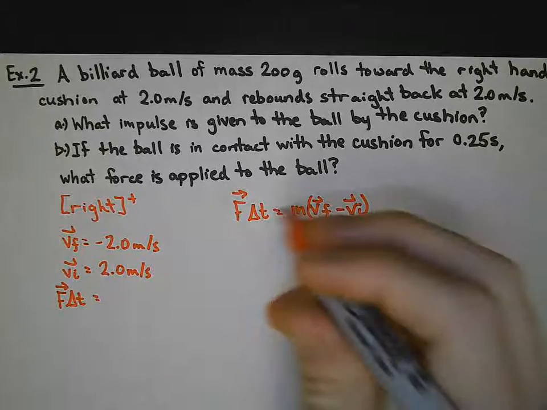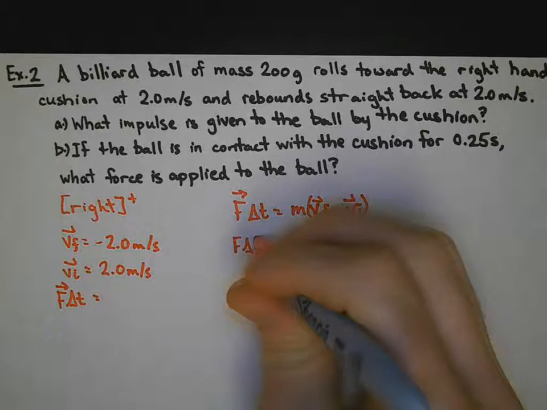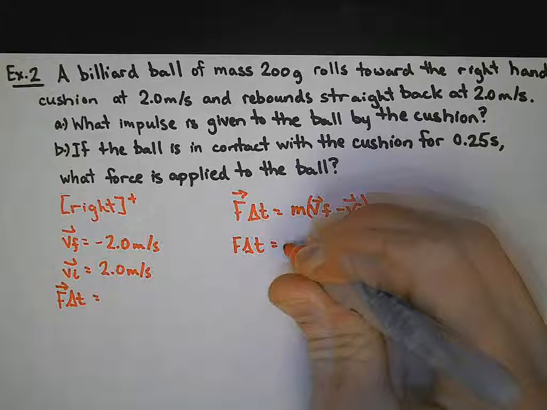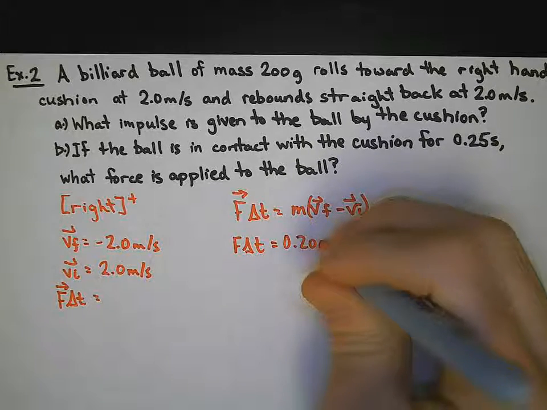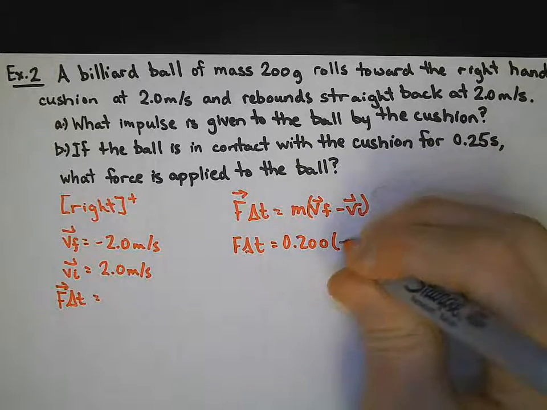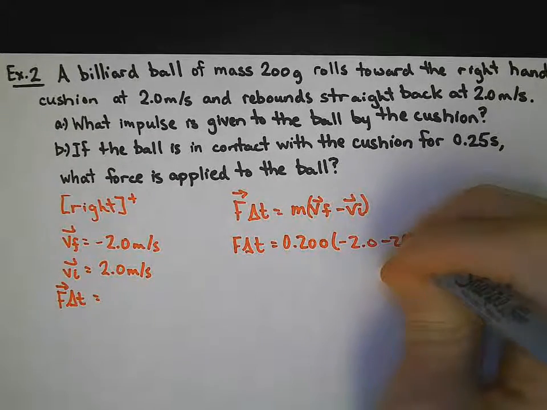So therefore, F delta t will be equal to our mass, 0.200, multiplied with negative 2.0 minus 2.